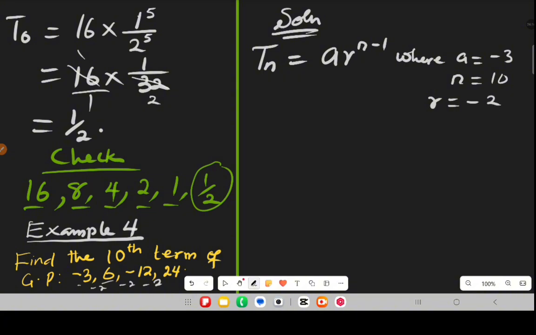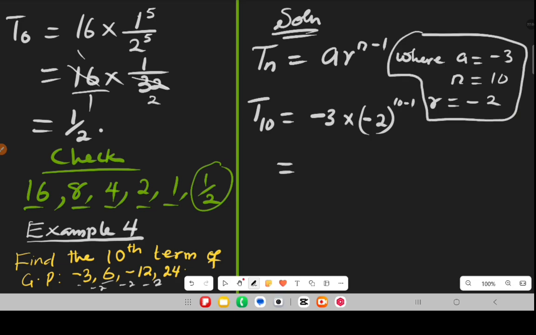So we have a negative first term and a negative ratio. Now we put a, n, and r as minus 3, 10, and minus 2 into the formula. Then we have T10 is equal to a, which gives us minus 3, times minus 2, which is r, raised to the power of 10 minus 1.